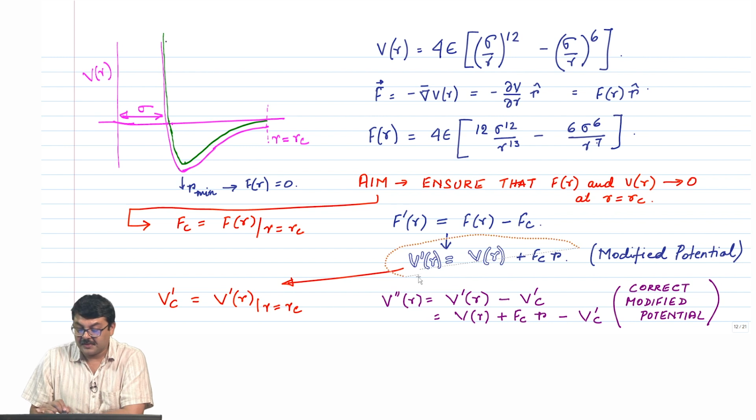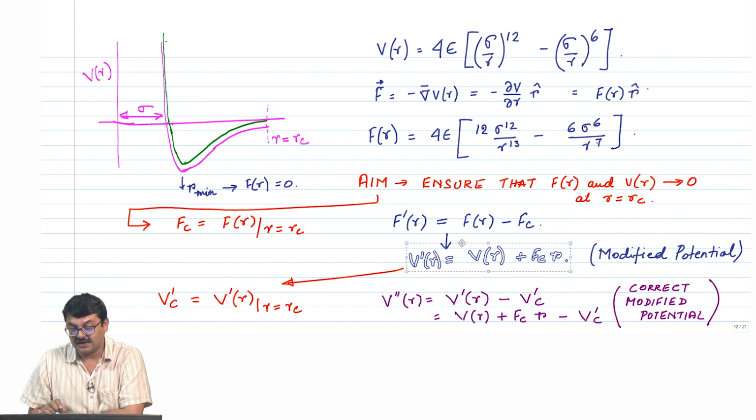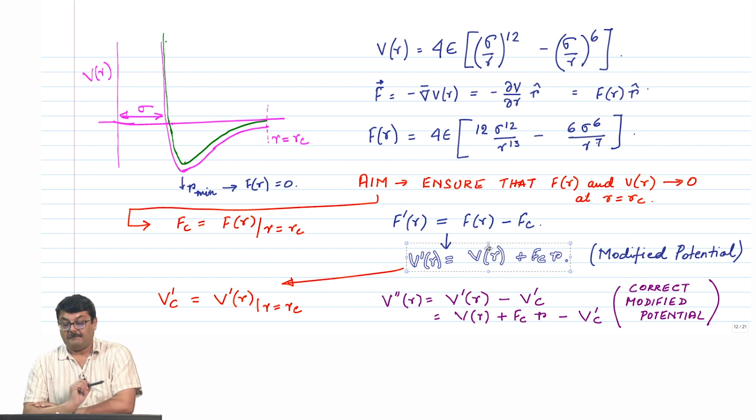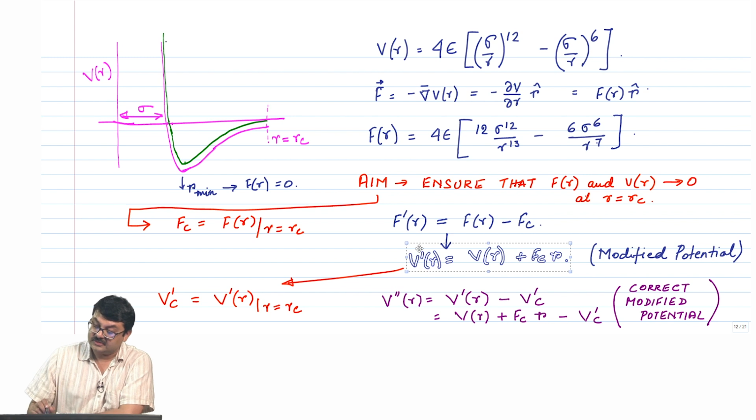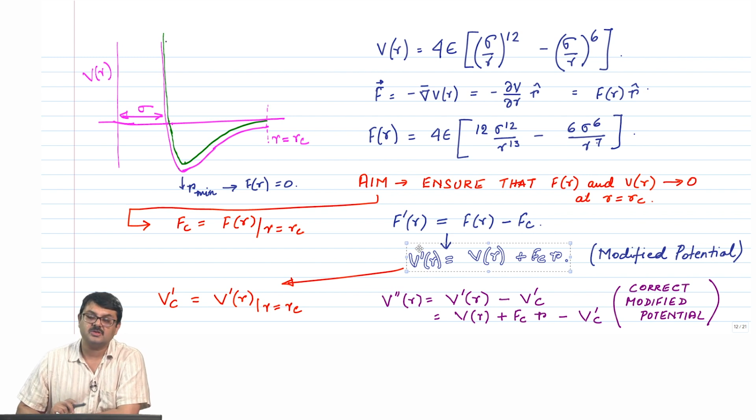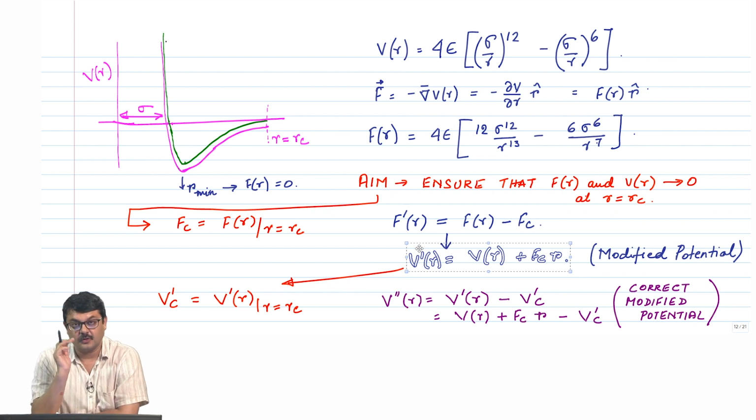So, your modified potential now is v dash r, which is v of r plus f c r, but this expression for v dash r, the modified potential, v dash, here the dash is not derivative, right. This is just v dash stands for modified potential. So, this one does not go to 0 smoothly at r equal to r c. What do you do? How do you make this expression now go smoothly to 0?